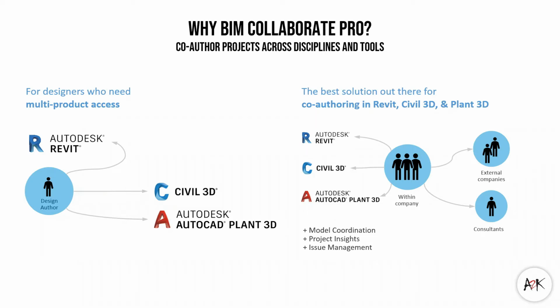For example, you could have a project where multiple different authoring tools are being used by different teams, either within your organization or with external consultants. Using BIM Collaborate Pro, everyone can be on the same page within a CDE environment and bring in different discipline models as needed for efficient project delivery.